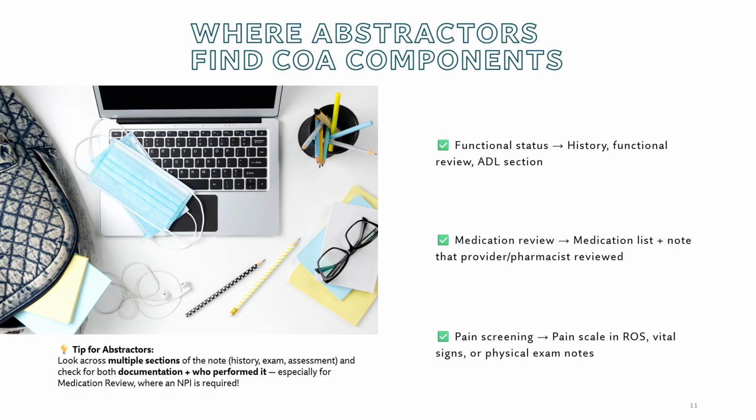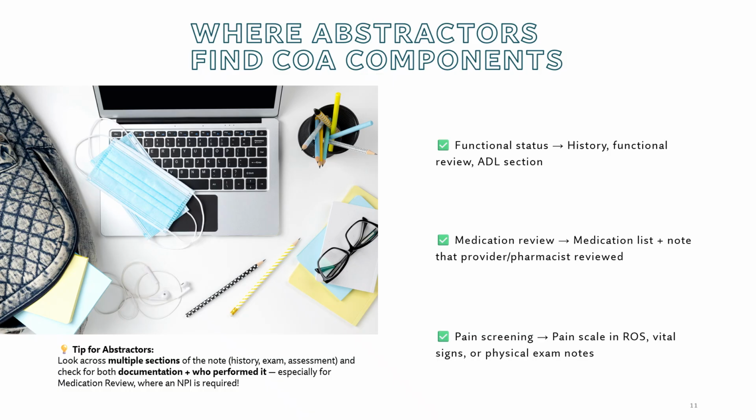As I mentioned in the previous slide, you can find the COA components in the claims data, the EHRs, of course, and then the first place that I would recommend abstractors or coders look is the annual wellness visit. Most of the time, as I mentioned before, the providers document all the HEDIS measures in that first visit of the year. So you're going to try to look at the annual wellness visit.